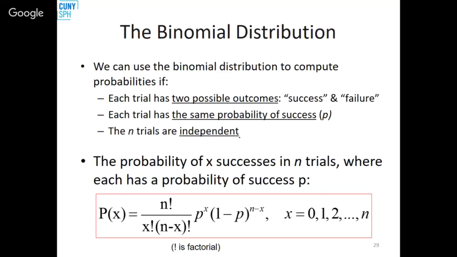Yes? Is that different than the point before that each of them have the same probability of success? Yes.